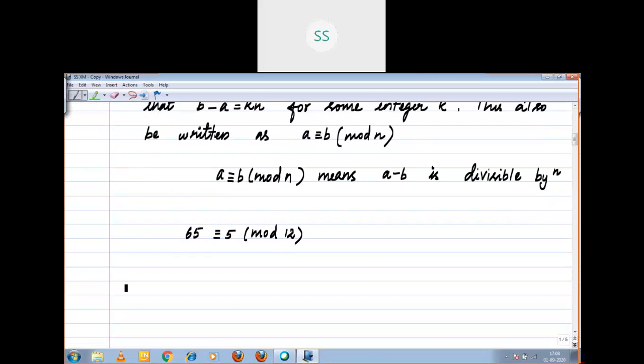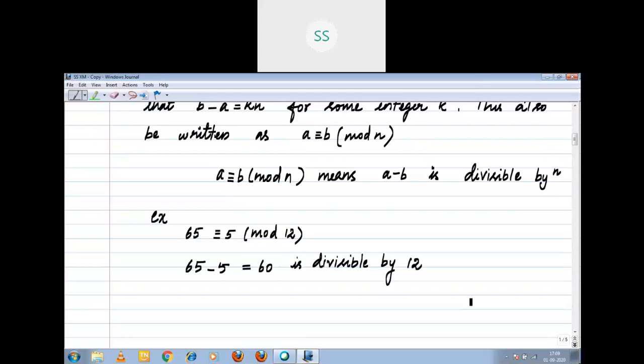You see, 65 minus 5 is equal to 60, which is divisible by 12. Got it or not? When you subtract the difference, it is a multiple or it can be divisible. It is divisible by 12, yes. You get the remainder as 5.